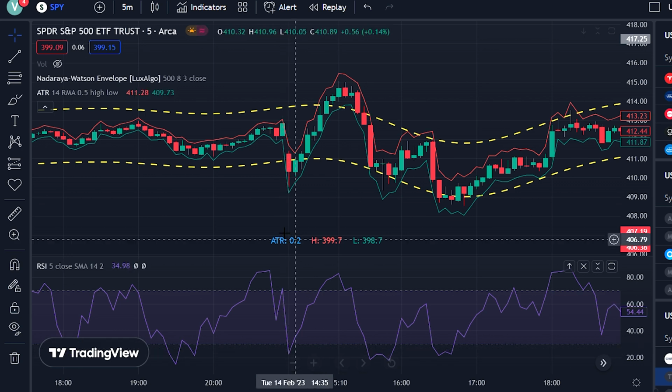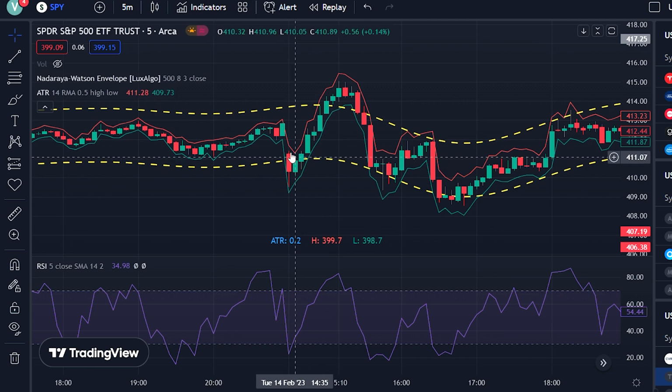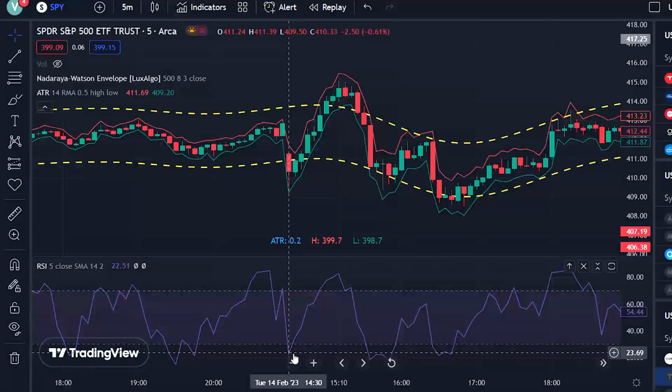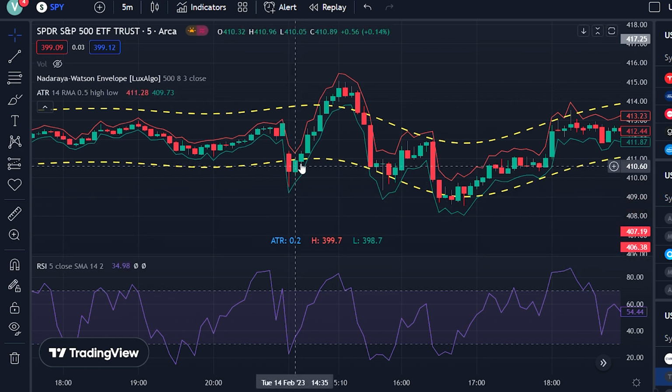So for instance, this would be a trade that would work out well, because the price action goes outside of the channel, the RSI is below the 30 level, and you get a green bar coming in, so you'd get in there. So long position, get in at the end of this candle.